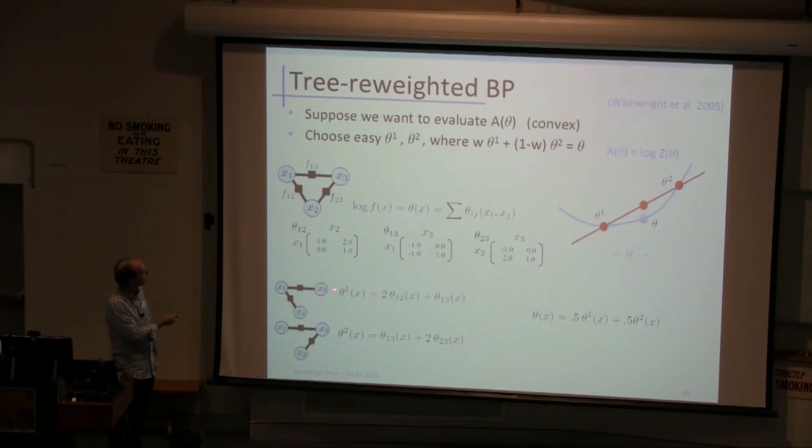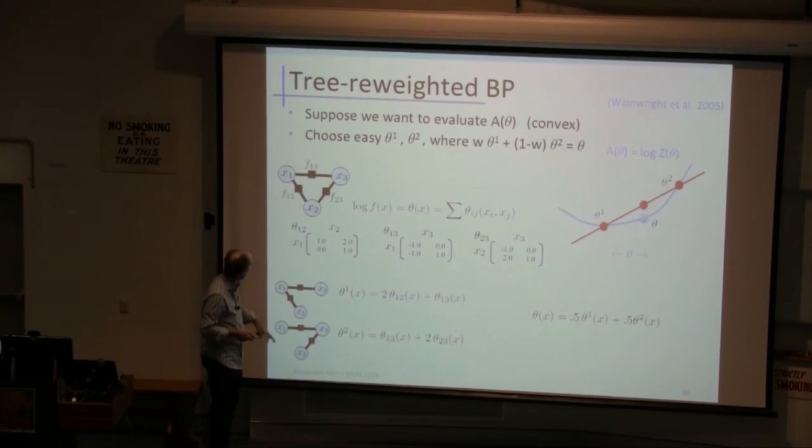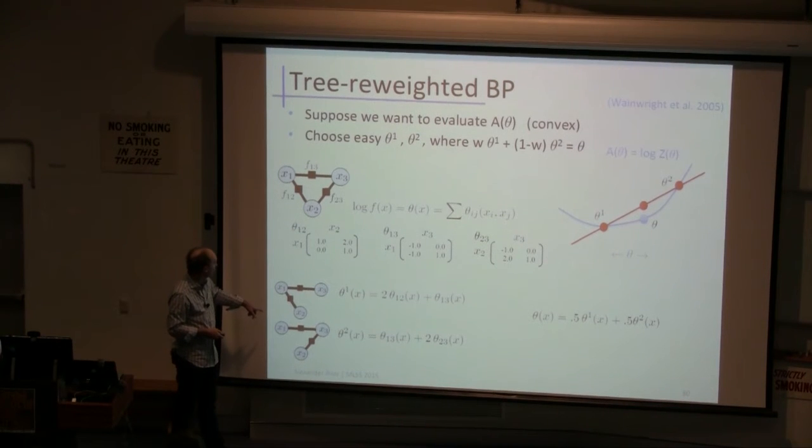Now what I want to do is pick their parameters, theta 1 and theta 2, such that some convex combination of theta 1 and theta 2 will equal my original model theta. So I'll just give them weights of a half, and then I'll choose their parameters such that 1/2 times theta 1 plus 1/2 times theta 2 equals the original model theta. Here I'll put theta 1,3 in both of them, so that it's included twice with weight 1/2.